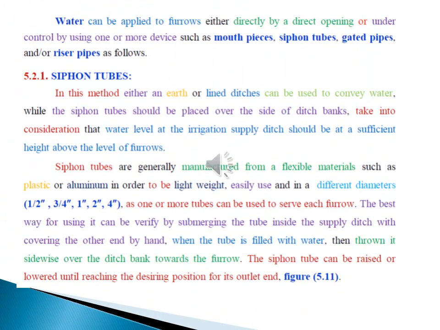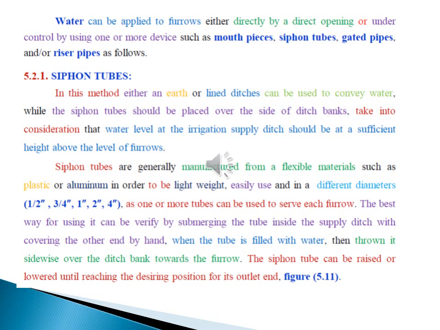Water can be applied to furrows either directly by direct opening or under control by using one or more devices such as multiple siphon tubes, gated pipes, or riser pipes. Siphon tubes should be placed over the side of the ditch, taking into consideration that the water level in the irrigation supply ditch should be at sufficient height above the level of the furrow.